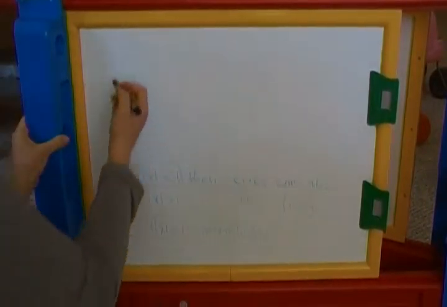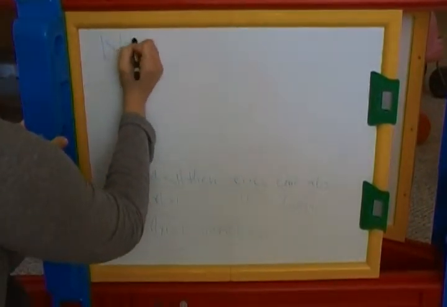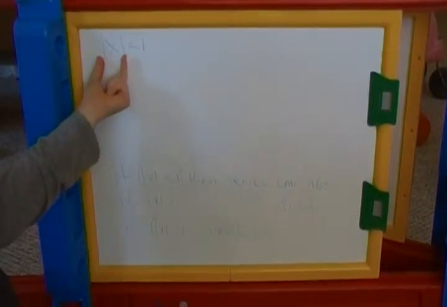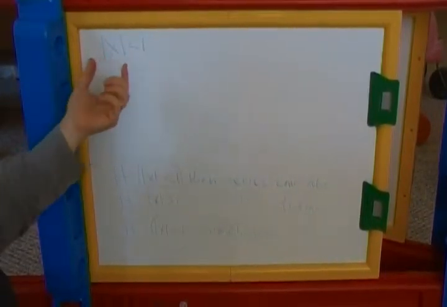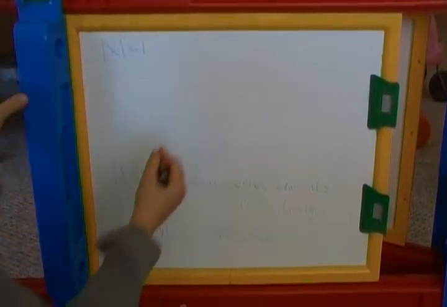So first of all, let's make sure we understand that absolute value of x less than 1, what values does that mean? Well, by definition, one way you can think of the absolute value is as a distance away from 0.